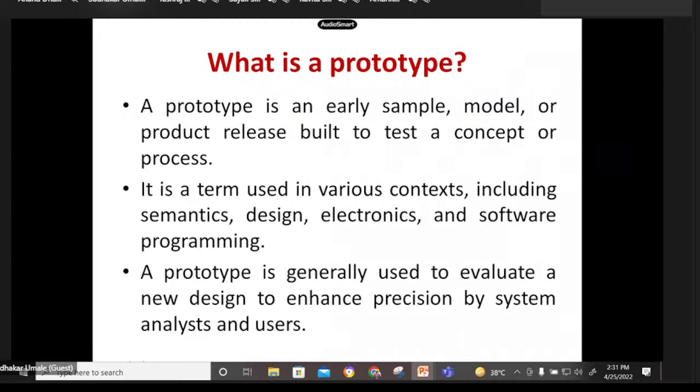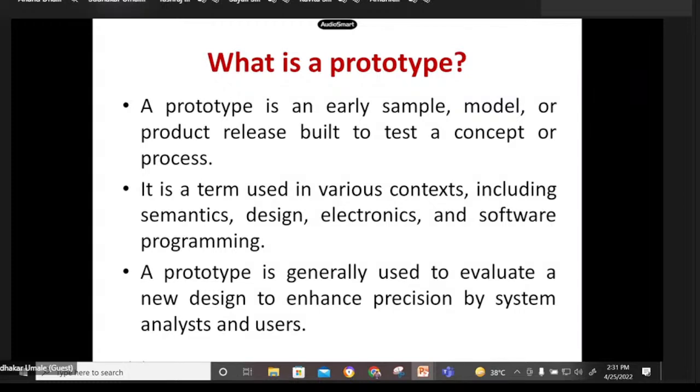So you must understand, I will explain the prototype now very clearly, just to understand what exactly a prototype is. A prototype is an early sample, model or product release built to test a concept or process. Why we need a prototype, already I have explained.